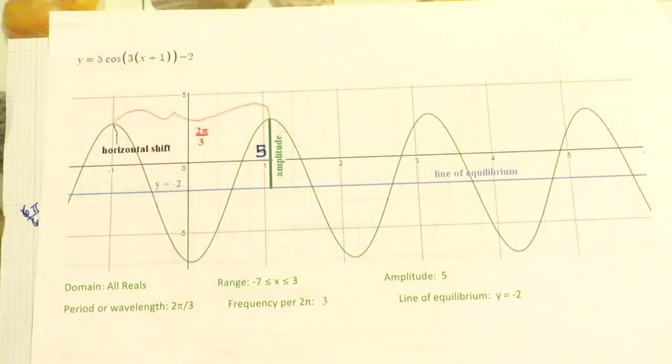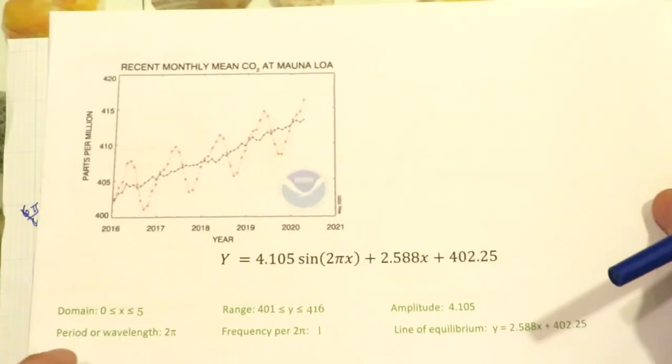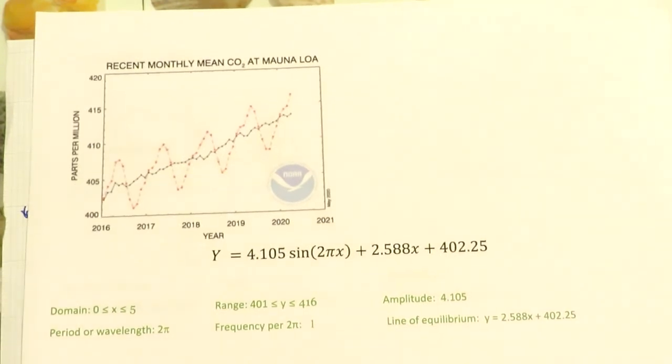Now, to be a little more realistic, you don't have to just have flat waves. A lot of phenomena in nature are measured with waves, but the waves have more complicated lines of equilibrium. This is the CO2 data from the Mauna Loa Observatory in Hawaii over recent years.